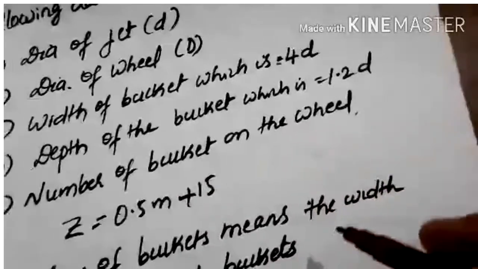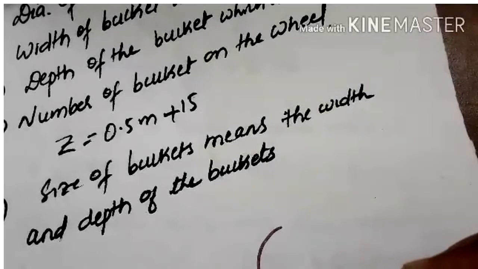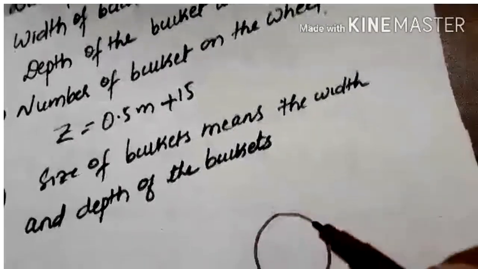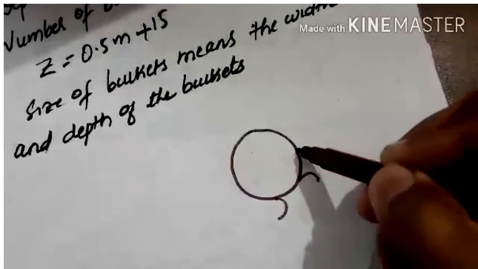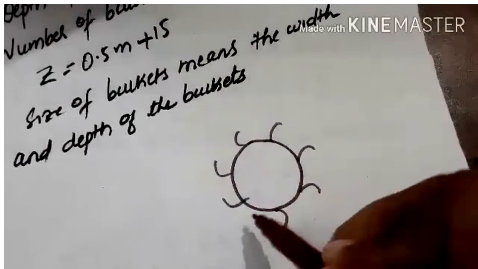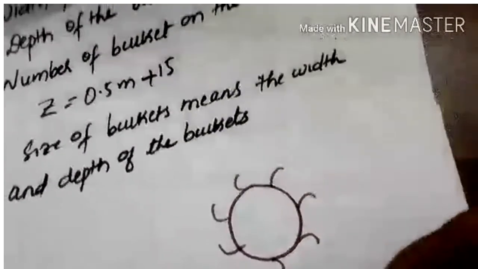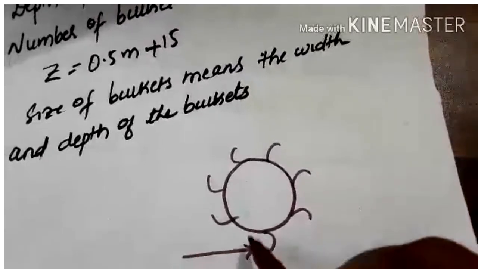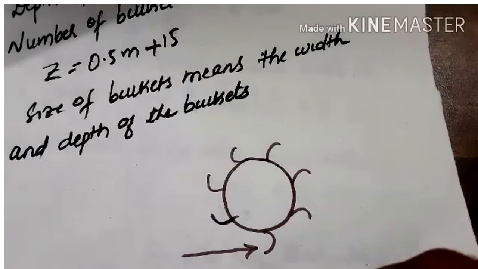The number of buckets on a wheel means, this is the wheel. How many buckets should there be? We need to calculate the optimum number of buckets, so that the jet, whatever it is striking, should not miss by striking the bucket.